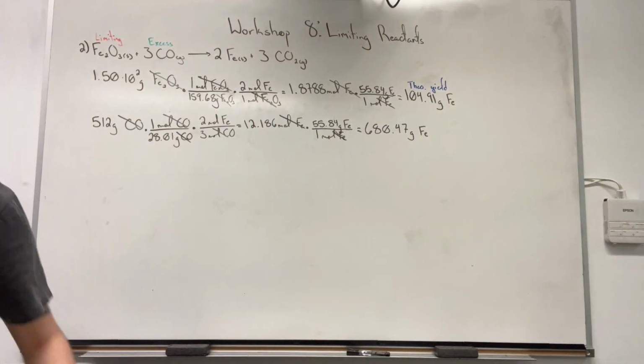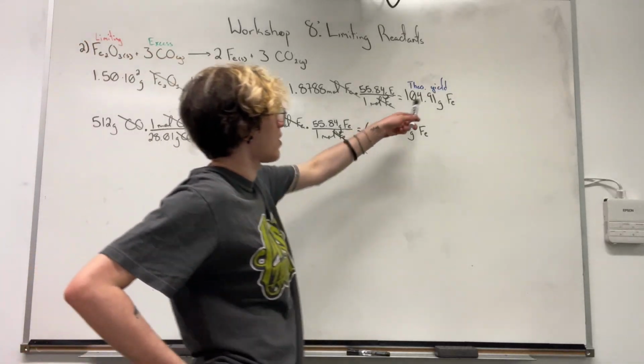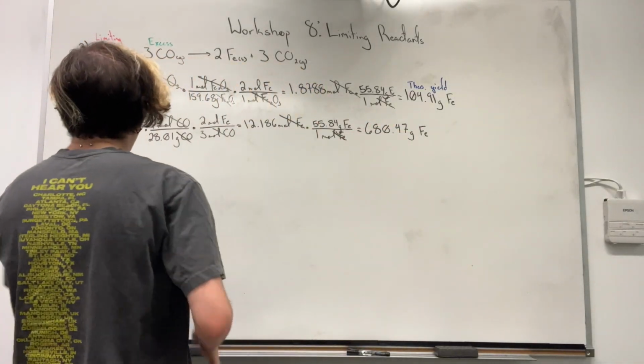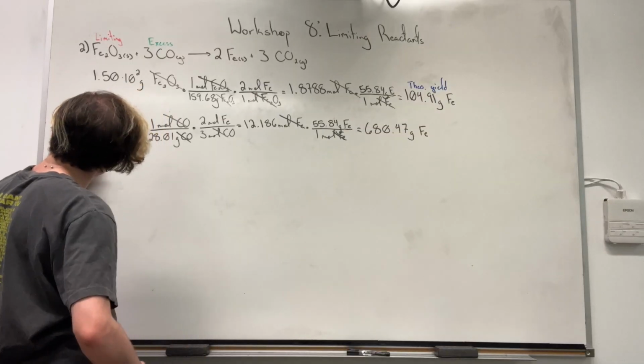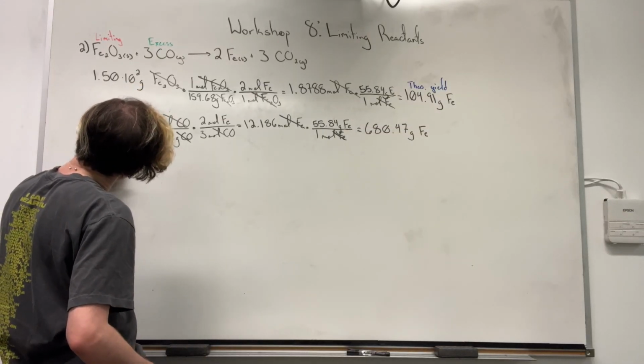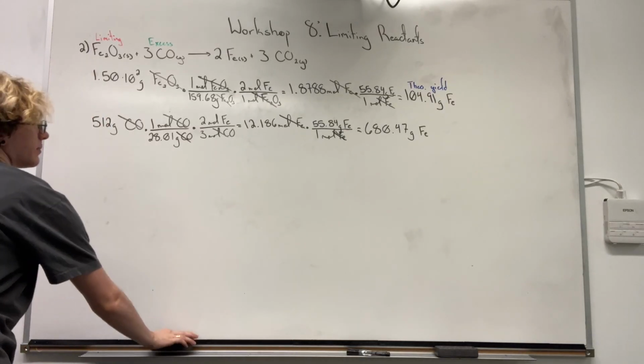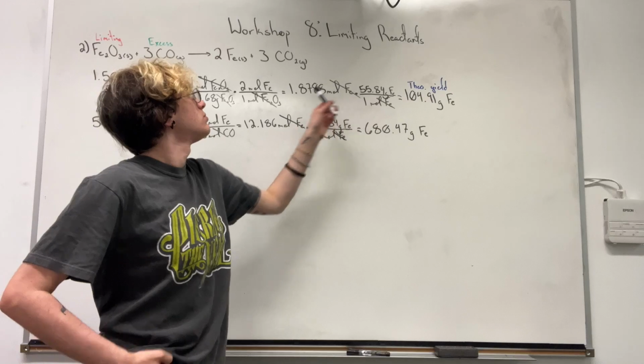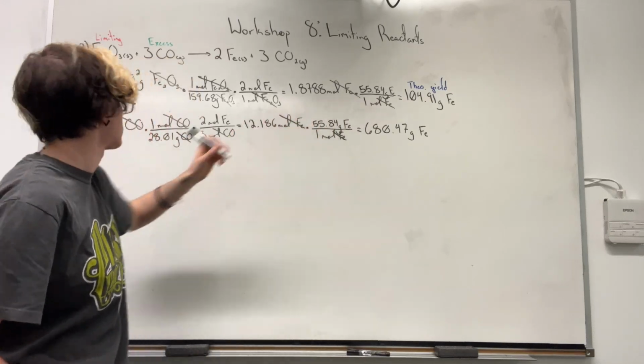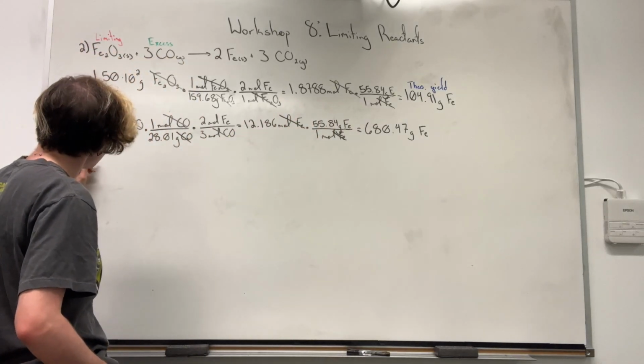We want to know how much excess is left, so we work backwards from our theoretical yield. We can only make 104.91 grams of iron, and so how much carbon monoxide is needed to make that amount? We already have the moles, and so we could start our calculations from there.